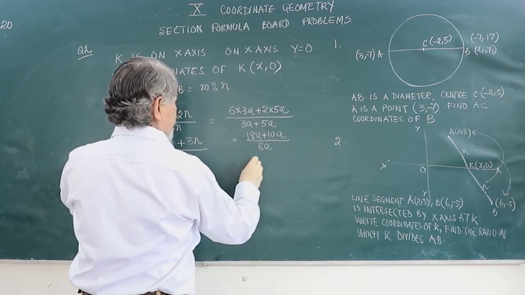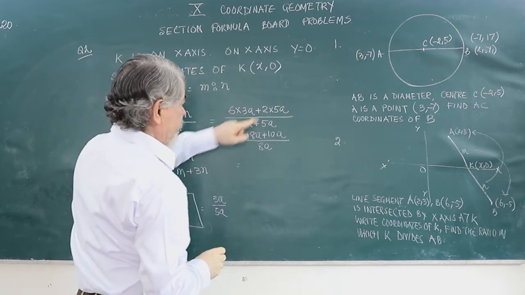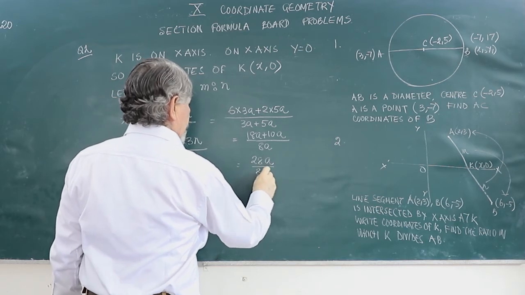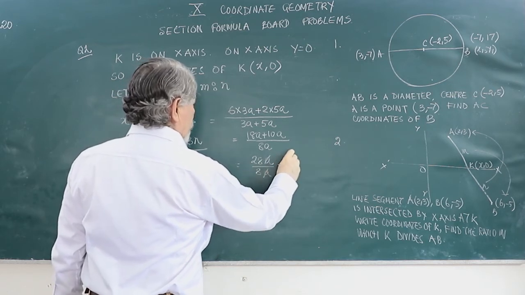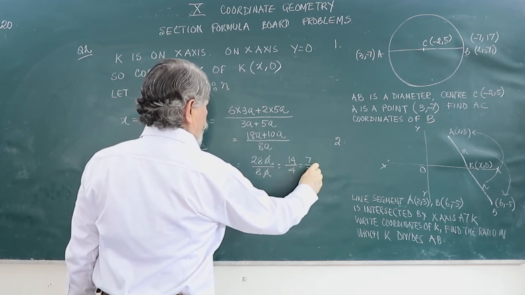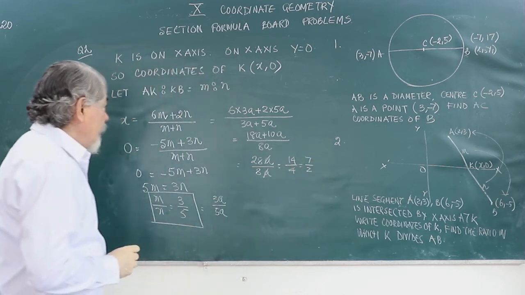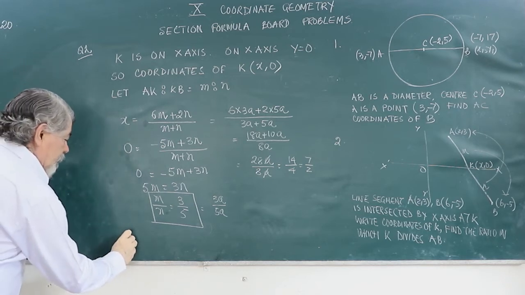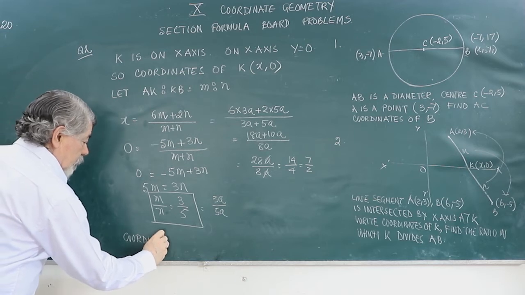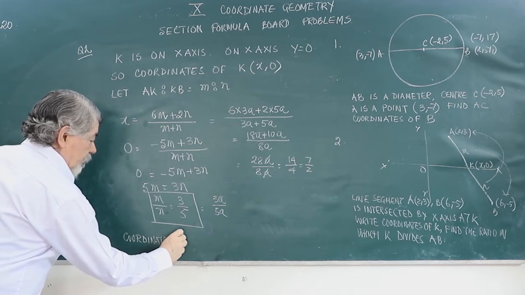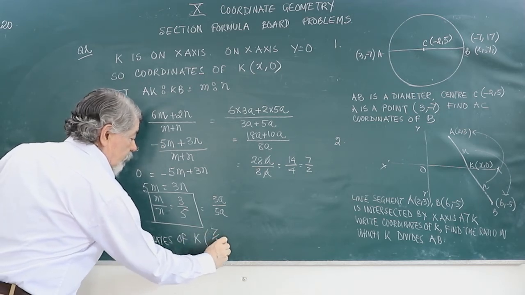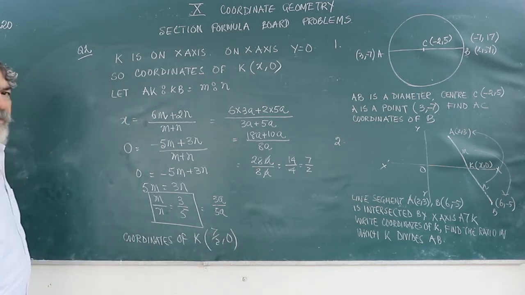5 plus 3 is 8. 6 times 3 is 18, 5 times 2 is 10. So 28a upon 8a. This will cancel. So the coordinates of K will be 7 by 2, 0. 7 by 2 means 3.5.